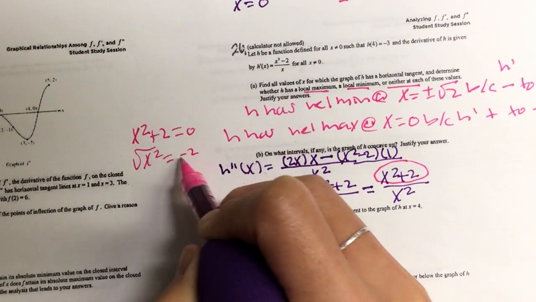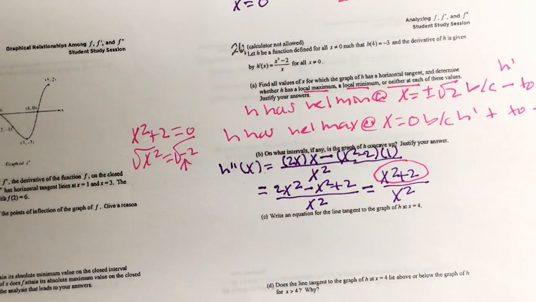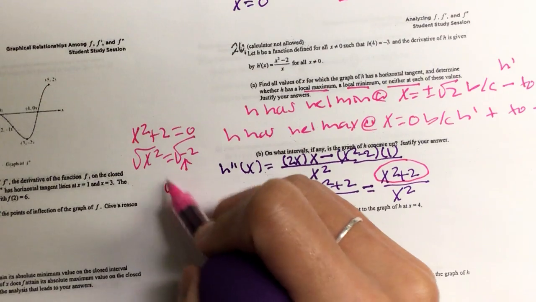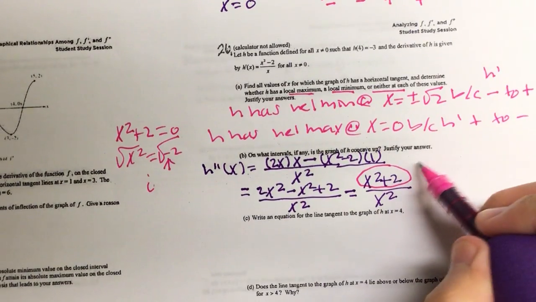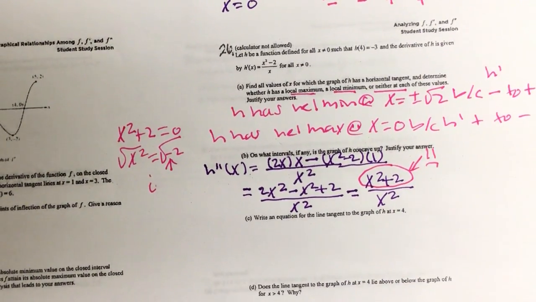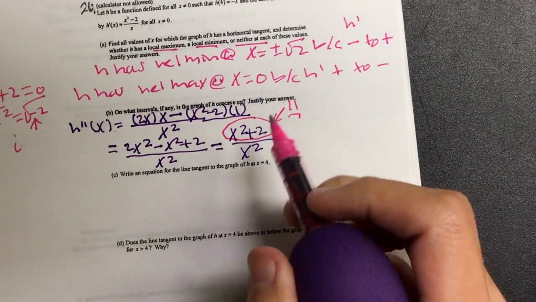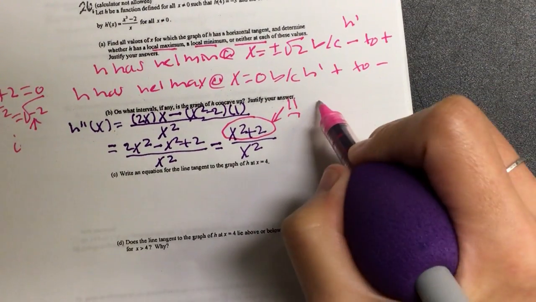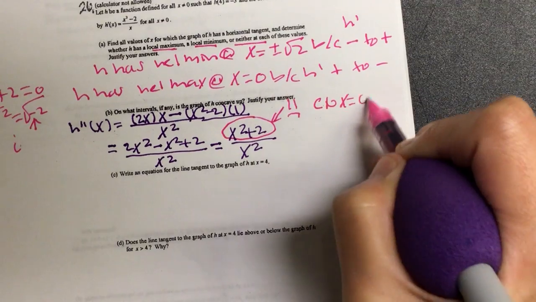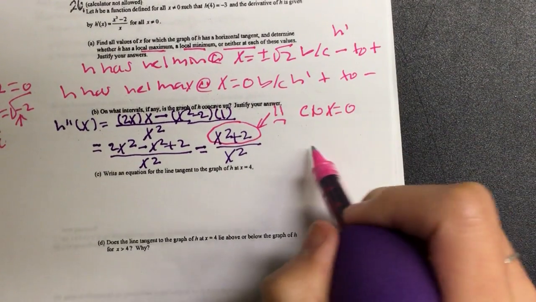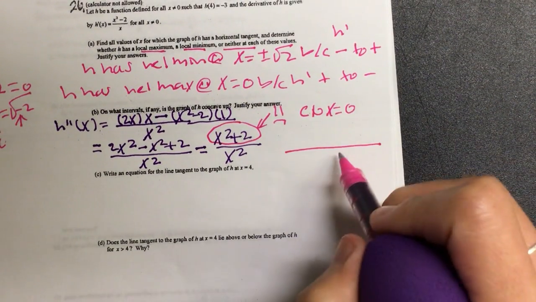When I square root both sides, am I allowed to square root a negative number? No. So there are no real solutions on this one, and that's not going to give me any information. But on the bottom, if I set it equal to 0, we know our critical number is at x equals 0. So let's go ahead and put in our possible point of inflection.